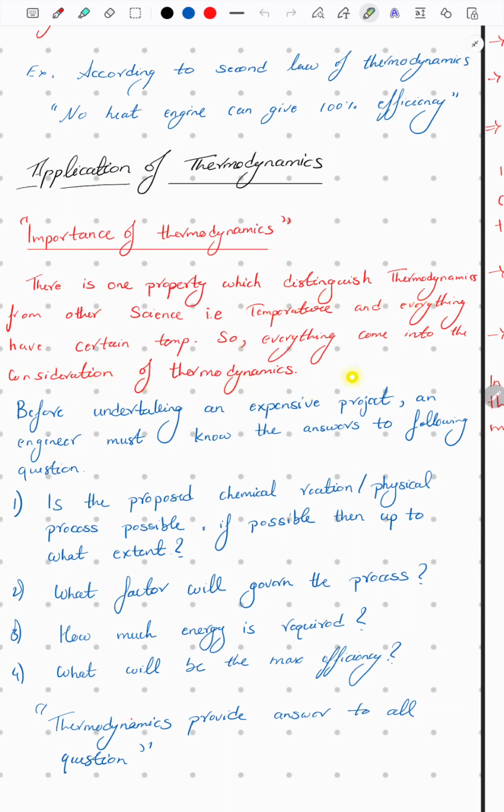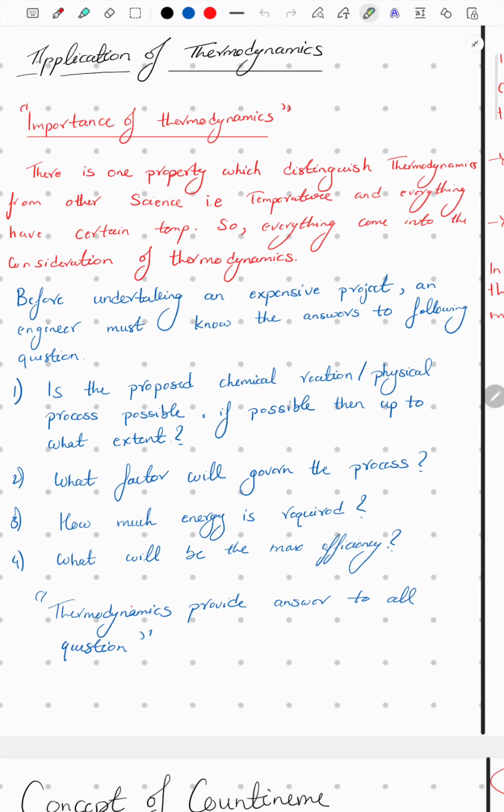Before undertaking an expensive project, an engineer must know the answer to the following questions. Is the proposed chemical reaction or physical process possible?